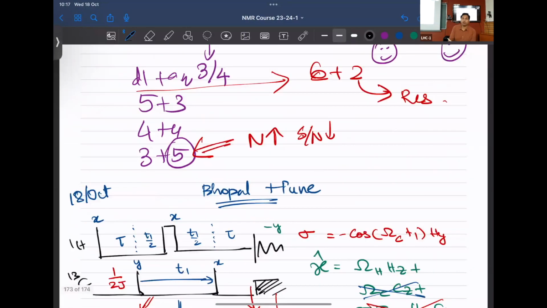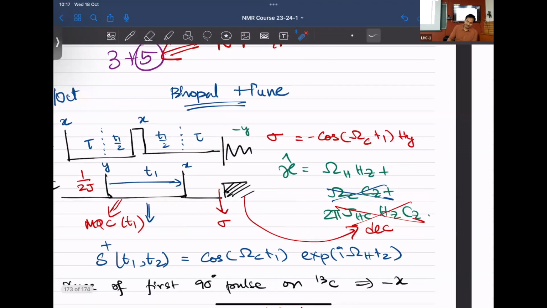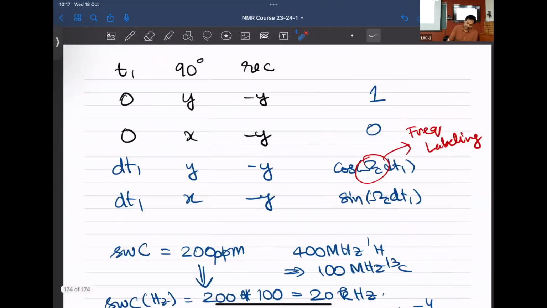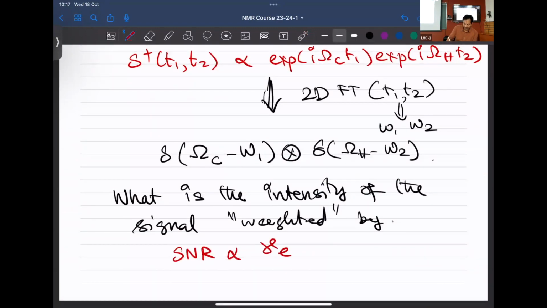You start with the proton polarization. You move the proton polarization to carbon, get the carbon labeling done, and you push it back and detect on proton. First of all, the signal to noise ratio has a very interesting dependence on the excited and detected gamma of the nuclei.